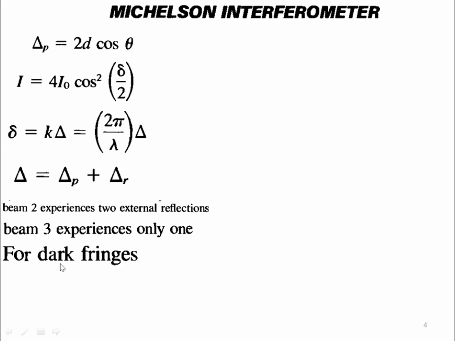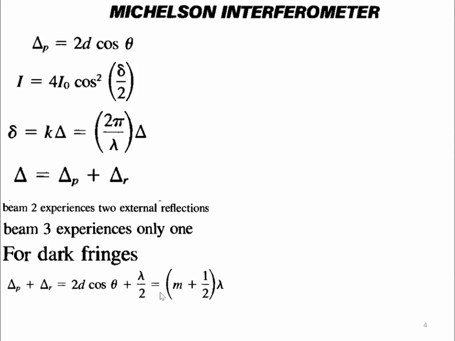So now let us obtain the condition for dark fringes. What will be the condition for dark fringes? This total path difference delta is equal to the path difference, which is just 2d cos theta, plus lambda by 2 coming from the reflective part.